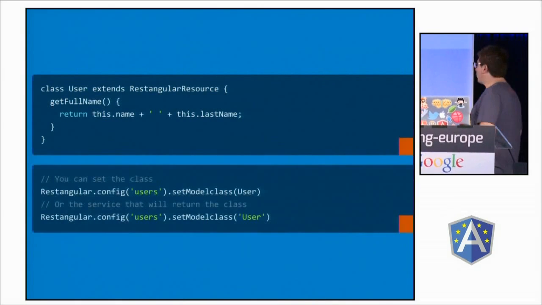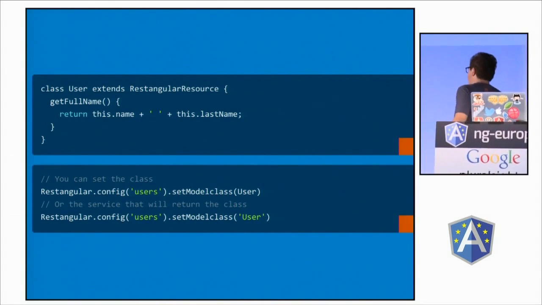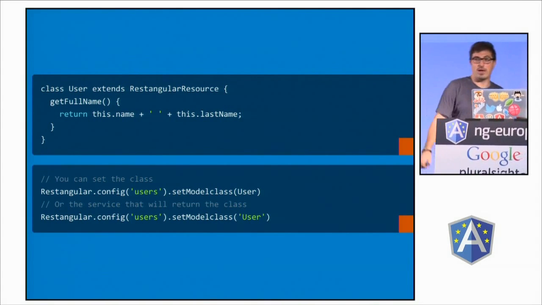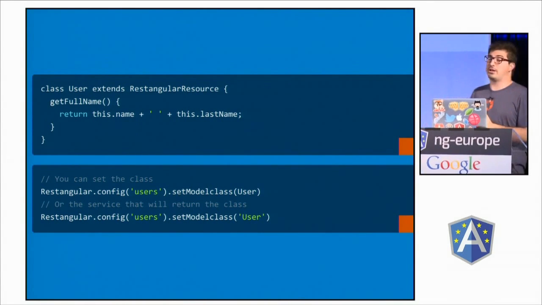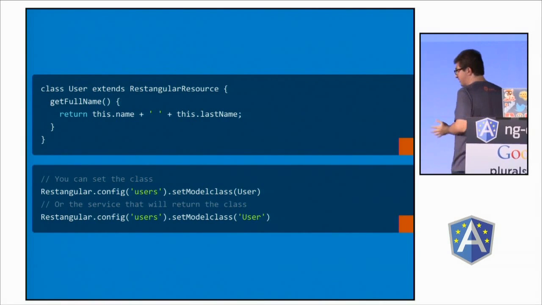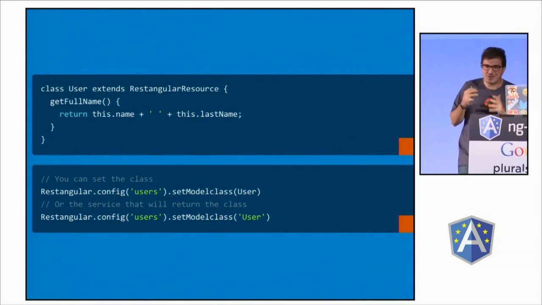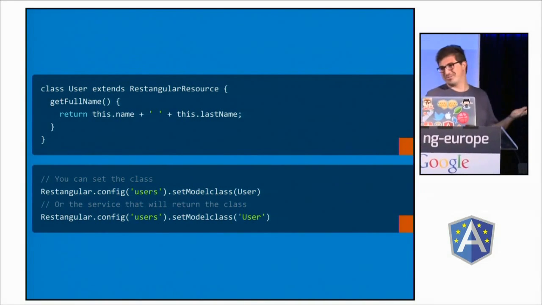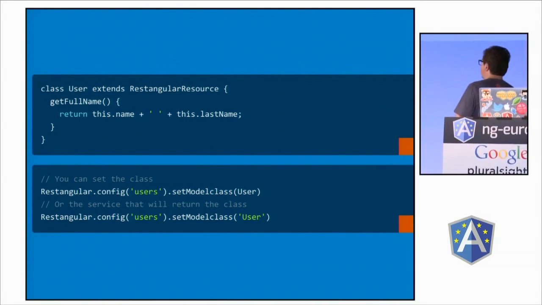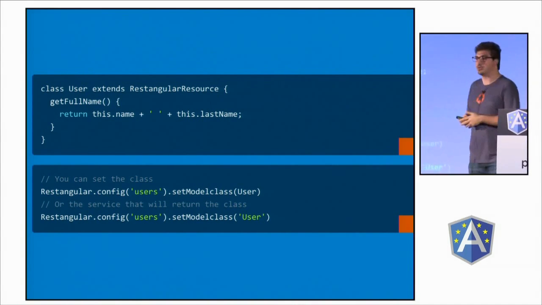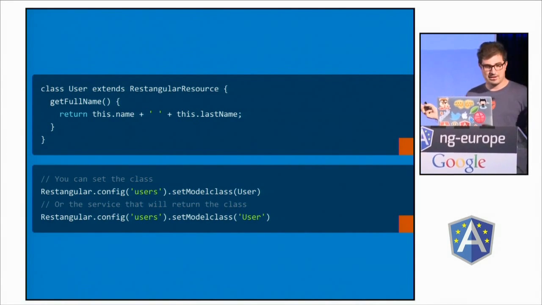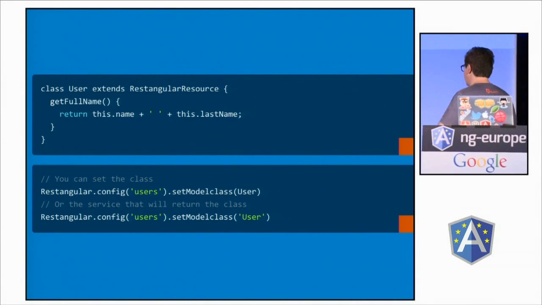So that's why in Restangular 2.0, the idea is to start using classes. I mean, ECMAScript 6 is here, so I'm actually using prototypes right now for Angular 1.x, but the idea is to move to Traceur. I still don't like Traceur that much, but I will eventually use it. The idea here is that you would have a class User that extends from Restangular resource, and in there, you just set this getFullName method, and then you do this.name, this.lastname, and that's it.